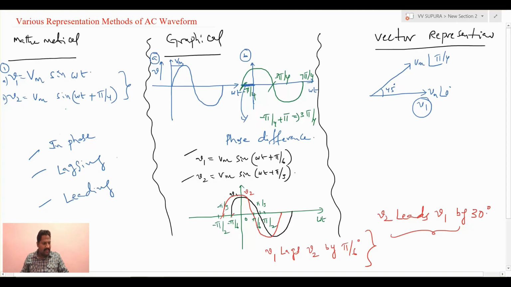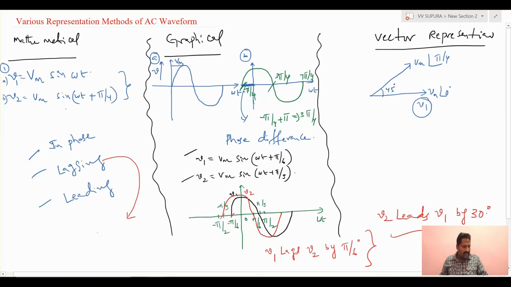Especially in electrical terminology, lagging occurs when an inductor is present in the circuit, the current will lag, and if a capacitor is there in the circuit, the current will lead. Don't worry, we will discuss these points in the next class when we talk about a pure resistive network.